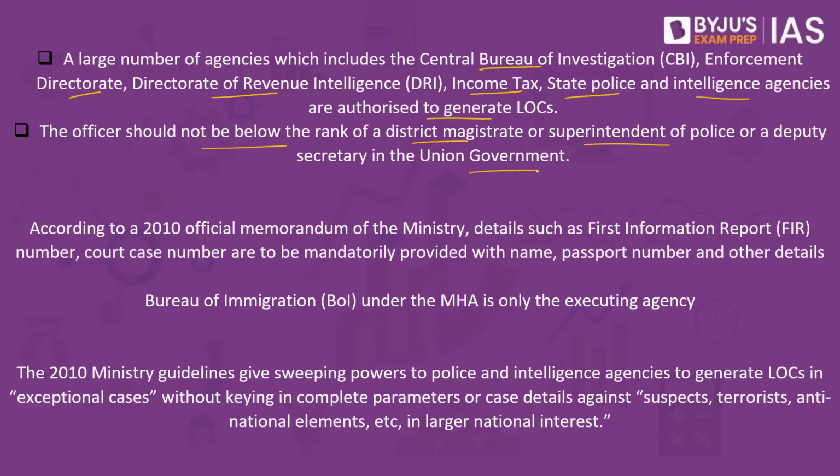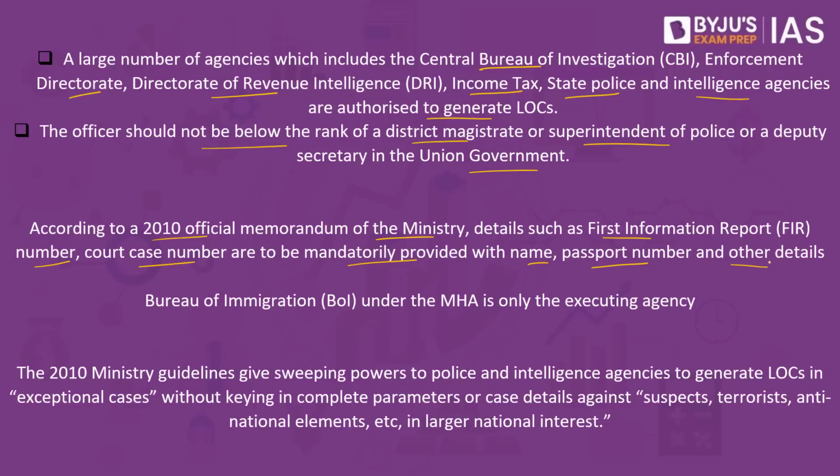What are the details required to generate an LOC? According to a 2010 official memorandum of the Home Ministry, details such as the first information report number and court case number are to be mandatorily provided, along with the name, passport number and other details.